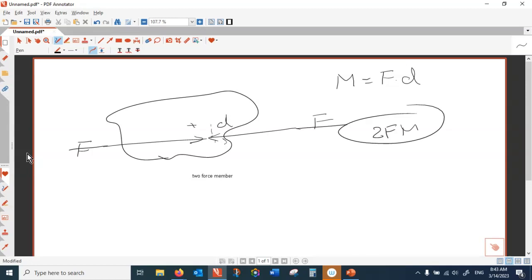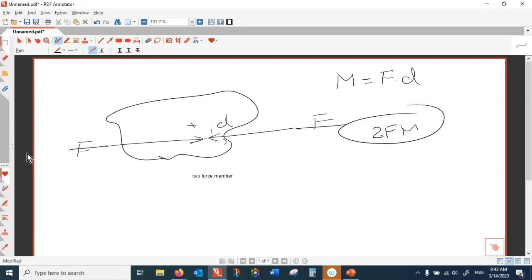So to be honest with you, between now and end of semester, you mostly are dealing either with a two-force member, three-force member, or you are dealing with the beam, which bends. That is a complex structure. But when we are referring to a structure in this subject, the most important family members are two-force members, three-force members, and beams.